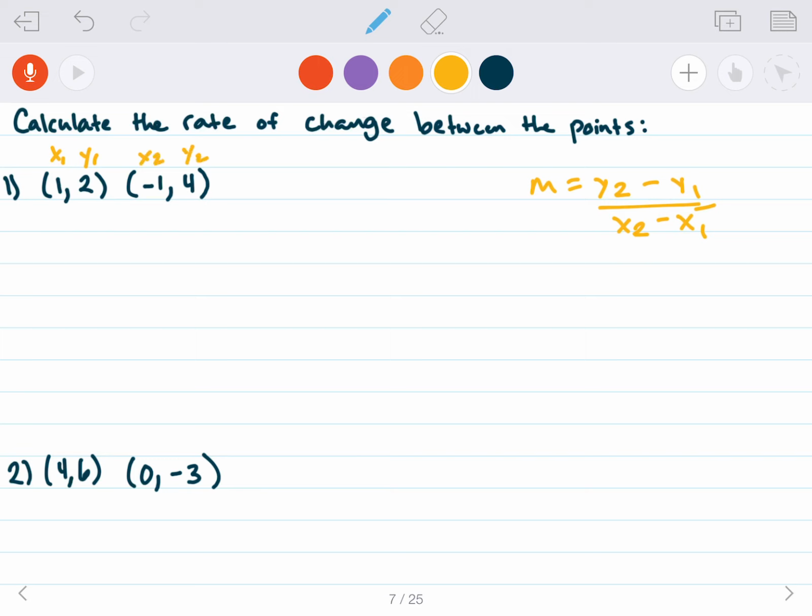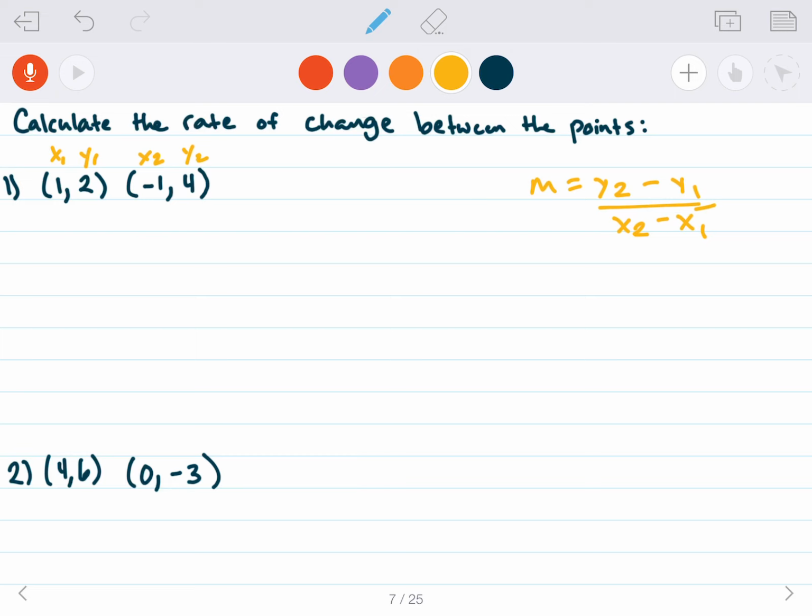And it doesn't matter what point you call point 1, point 2, but you can't mix and match. You couldn't, for instance, say x1 is equal to 1 and y1 is equal to 4. No, it doesn't work like that. You have to be consistent. If you say x1 is -1, then y1 has to be 4.